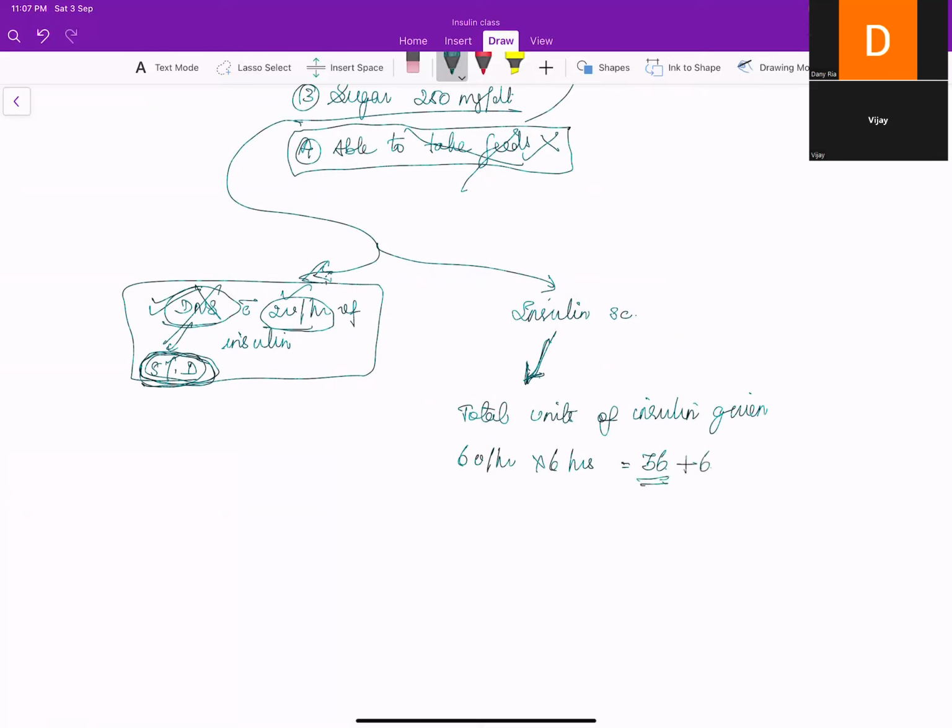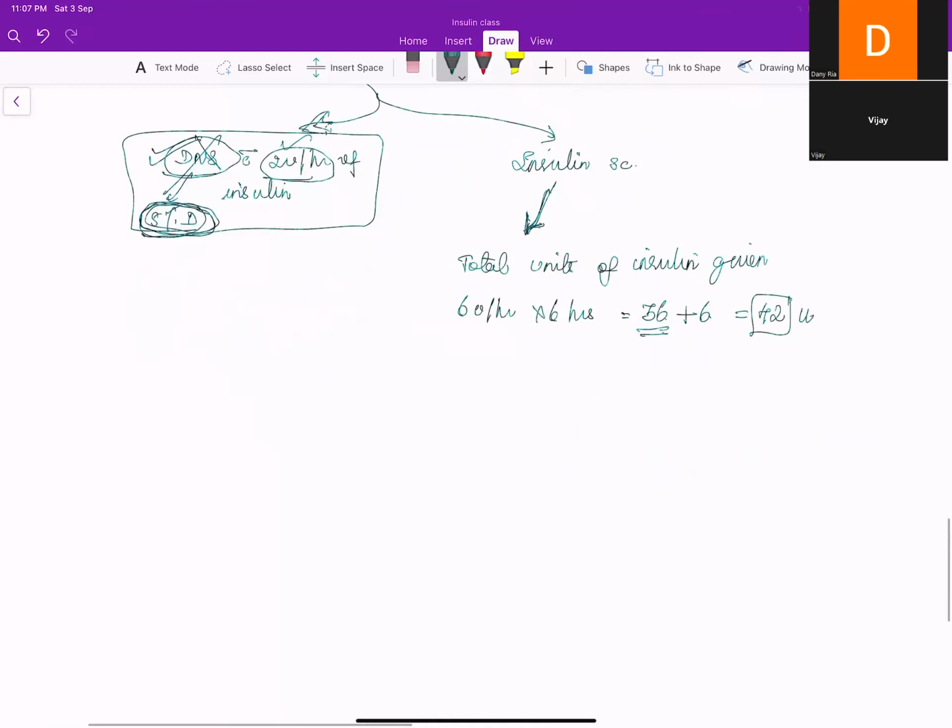Plus you would have given a stat dose of 6. So the total units of insulin given was 42 units. Among this, 50% of the dose, that is 21 units, should be given as basal insulin. Basal insulin is a long-acting insulin. Either Lantus insulin or NPH insulin should be given.